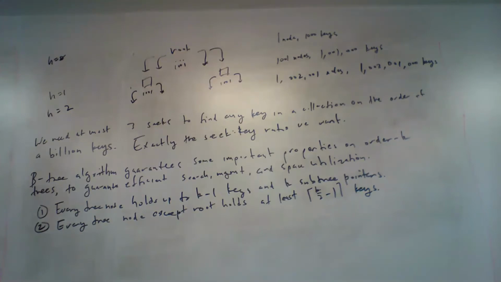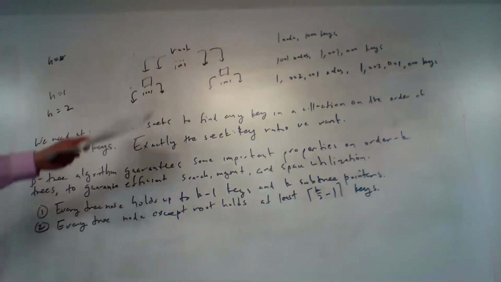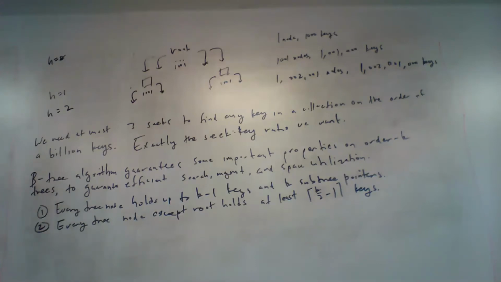With this split, promote, split, promote, it's guaranteed that every node except the root node is always at least half full. And since that holds, we're going to have at minimum about 500 million keys in a tree of height 3, order 1001. So we're going to get the performance that we want. That's a critical guarantee.